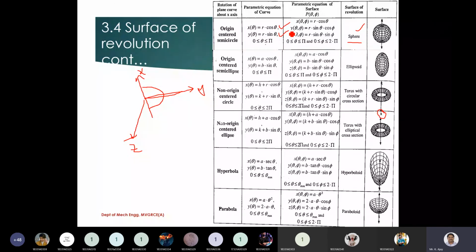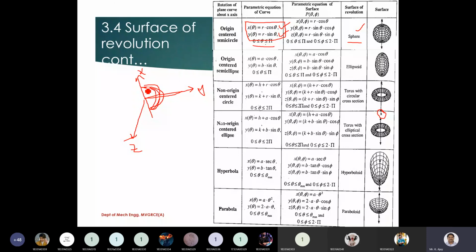All these things you already studied during your second unit. First of all, you need to understand those equations. Whichever curve you are rotating, you need to be clear about that equation. So x of theta is equal to r cos theta, y of theta is equal to r sin theta, and theta is varying from 0 to pi.